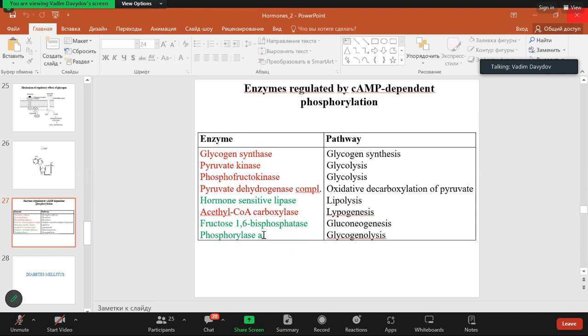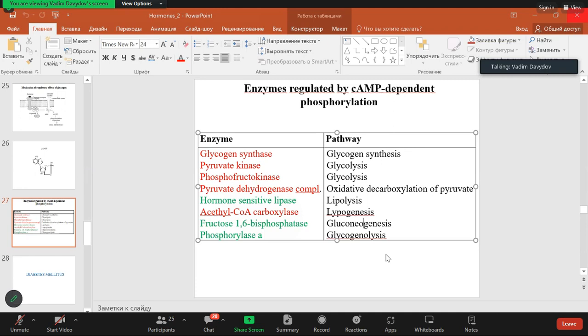As a result, the process of glycogenolysis and the process of gluconeogenesis are activated. And it's very important to know about the regulation of glucose synthesis during gluconeogenesis by that hormone.